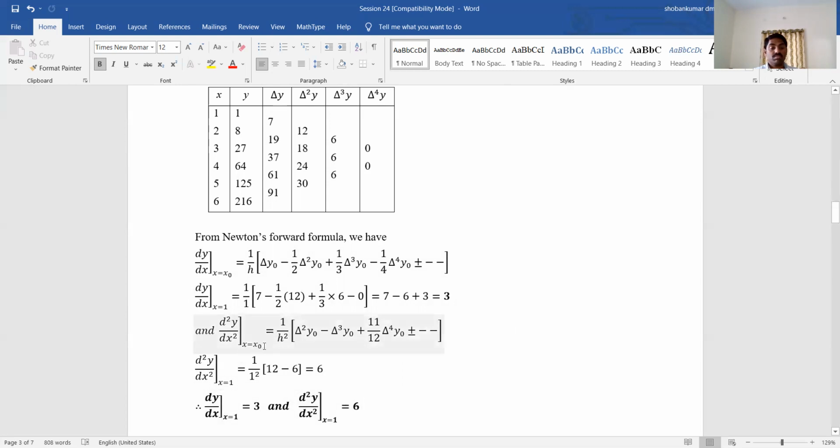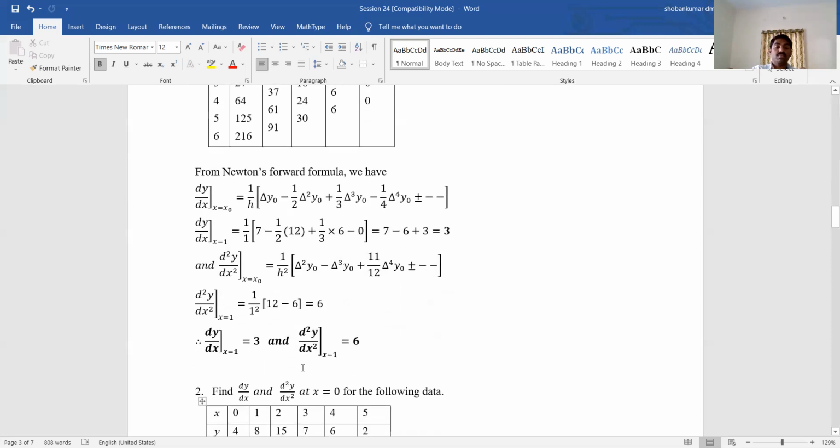Here x naught is 1 and h is 1, and del square y naught is 12, del 3 y naught is 6 and del 4 y naught is 0. Therefore, d square y by dx square at x equal to 1 is 6. Therefore, dy by dx at x equal to 1 is 3 and d2y by dx square at x equal to 1 is 6.